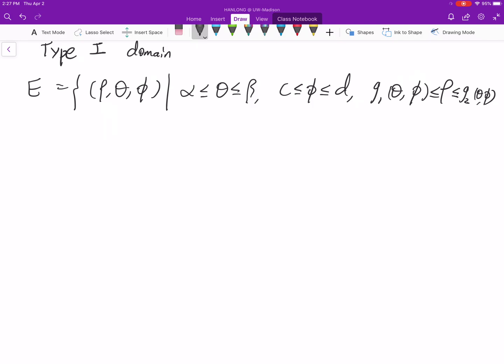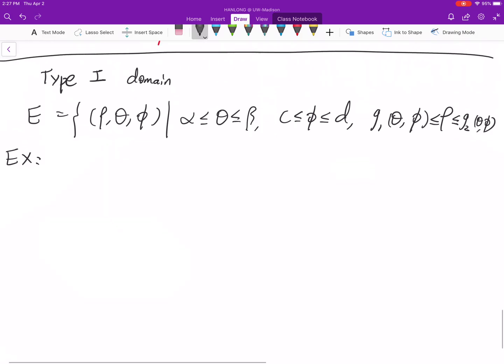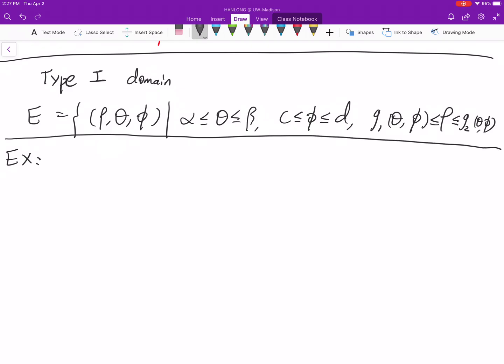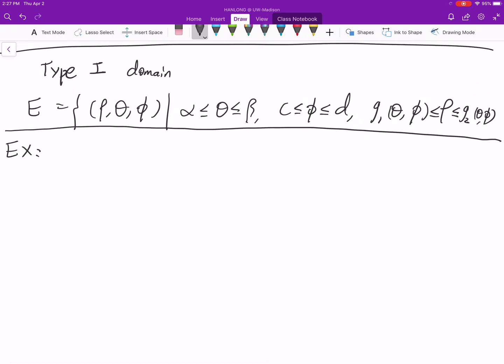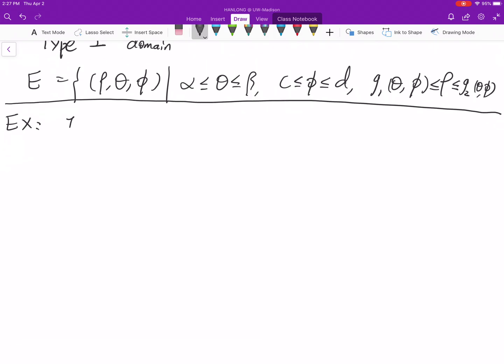Then for the following example, we can calculate easily. I will not write down the formula for type 1 domain. We will show that by next examples. So first, let's look at one easy case. Suppose we have a unit ball.